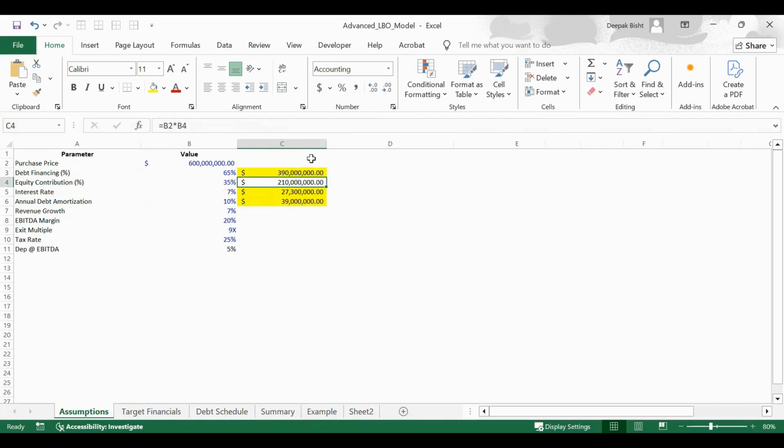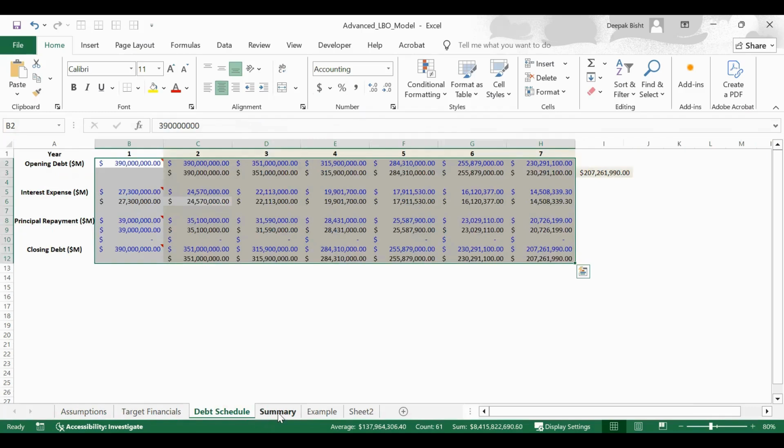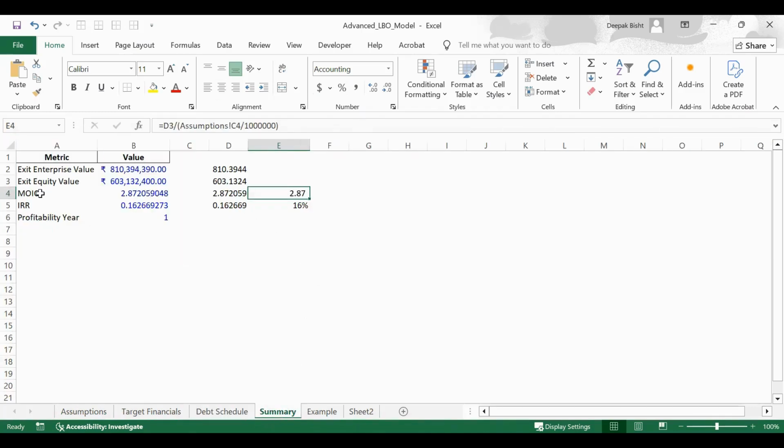This was not our money, this was debt. Our money was only 210 million, and using this 210 million, we have created $603 million of equity value. So we have generated a multiple of 2.87.